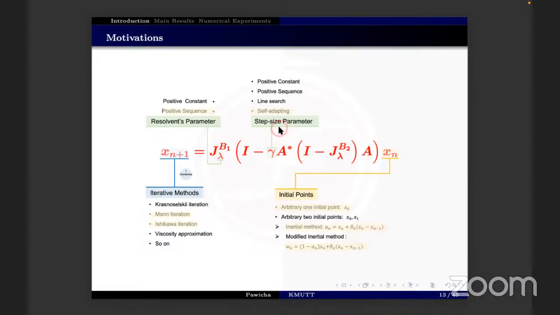You can also consider the step size parameter gamma n: a positive constant, or sometimes a sequence like line search or a self-adaptive step size. Also the parameter lambda: sometimes just a positive constant or a sequence, or sometimes we combine this sequence with other methods like Krasnoselskii-Mann iteration, Mann iteration, and Ishikawa iteration, for example.